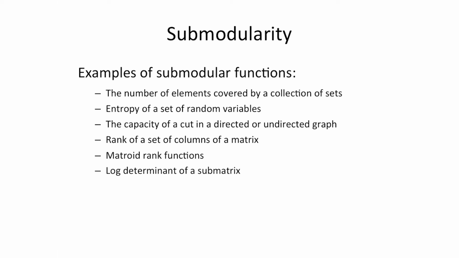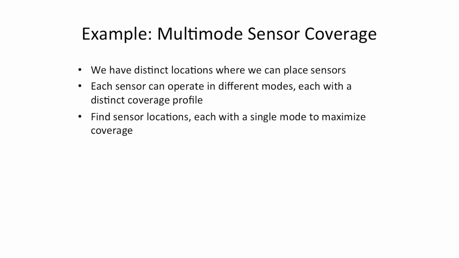Another one is the entropy of a set of random variables. We have a collection of random variables in a joint distribution. If we're working with graphs, either directed or undirected, the capacity of a cut is a submodular function. If you look at any set, this is the weight of the edges leaving. And several other very nice functions are submodular. This is one of the reasons why submodular functions have found many applications in machine learning, computer vision, economics, and many other settings.